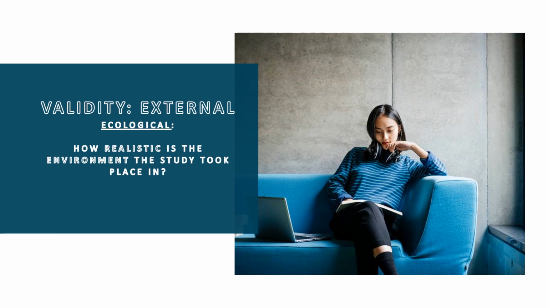So does the environment reflect a normal day-to-day environment? Is it the same context in which the participants would normally undertake the activity or the task? Is it realistic to those particular participants? So making sure that the environment is not artificial for those who take part.